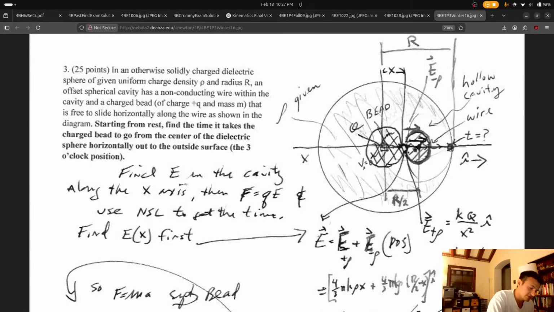Okay, a is equal to qE over m. But then we know that 1/2 a t squared is equal to r. We don't know what t is. We know r and we know E and q and m. So I think you just solve 1/2 a t squared for t.